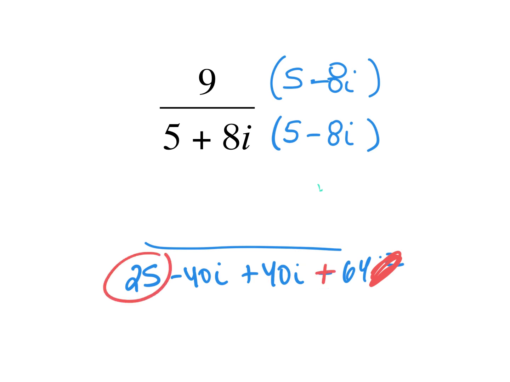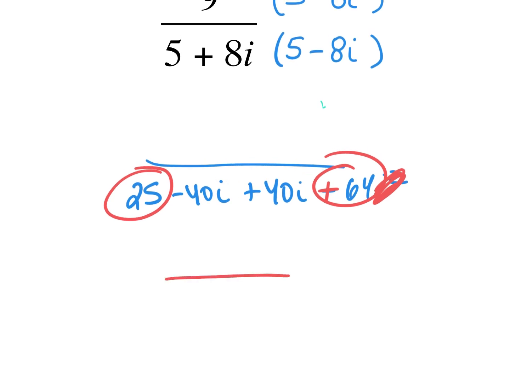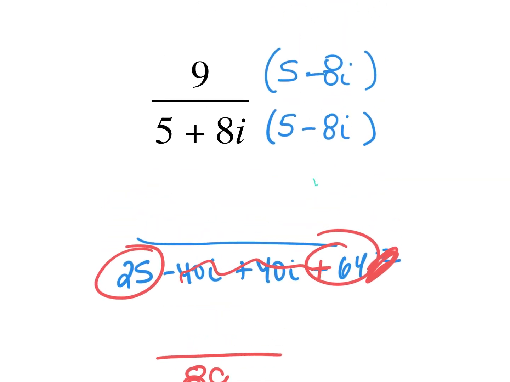Now what happens here? Real with real. What's 25 and 64? 89. And then what happens to my 40i's? They cancel out. Is that what we need to happen? Yes. So now you can go ahead and multiply the numerator. What's 9 times 5? 45. And what's 9 times negative 8?